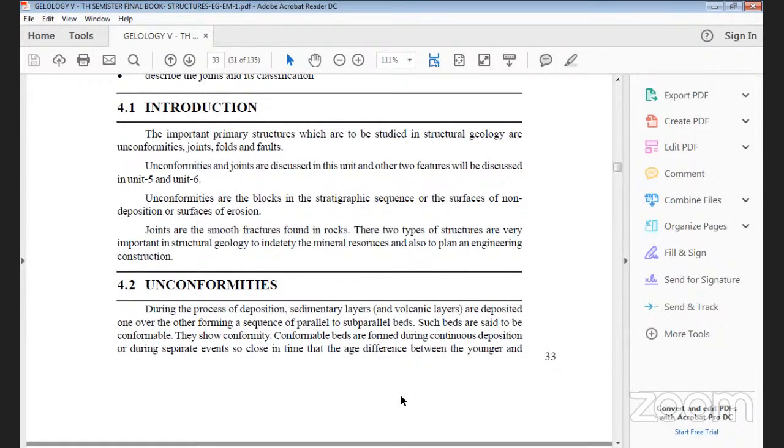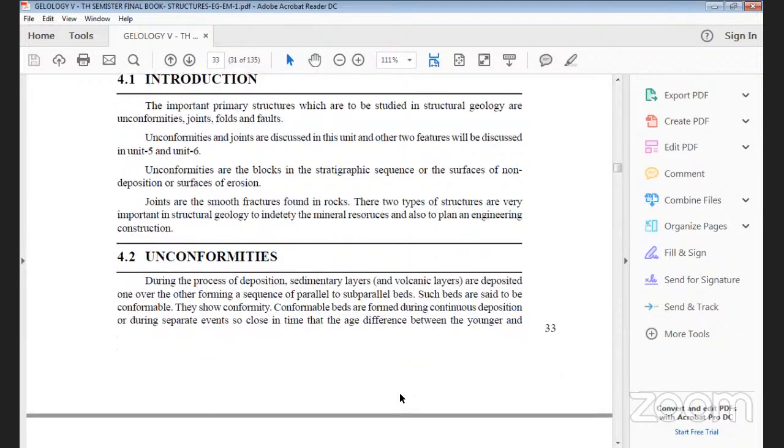Unconformities are breaks in a stratigraphic sequence, due to non-deposition or surface erosion, and joints are smooth surfaces found in the rocks. These two types of structures are very important in geology, and are useful for the identification of mineral resources and also for planning engineering constructions.